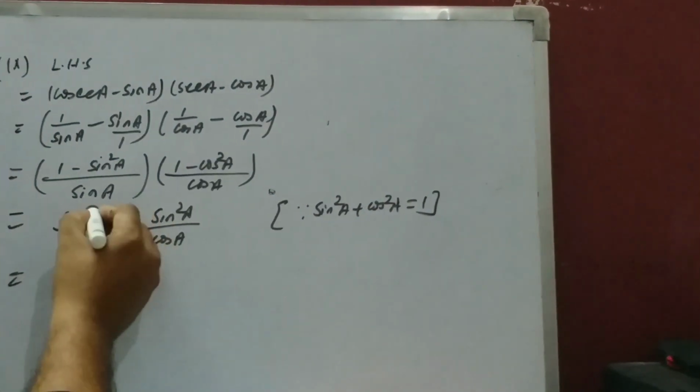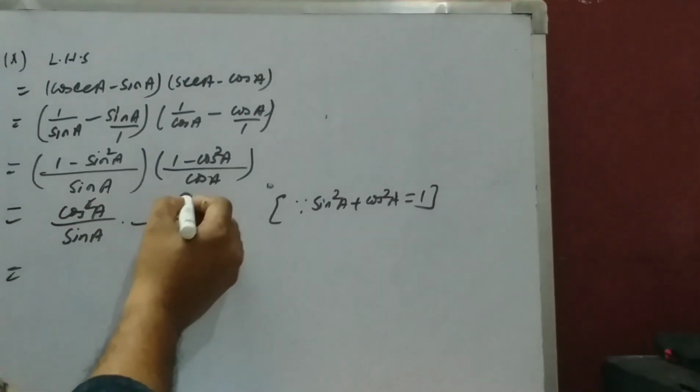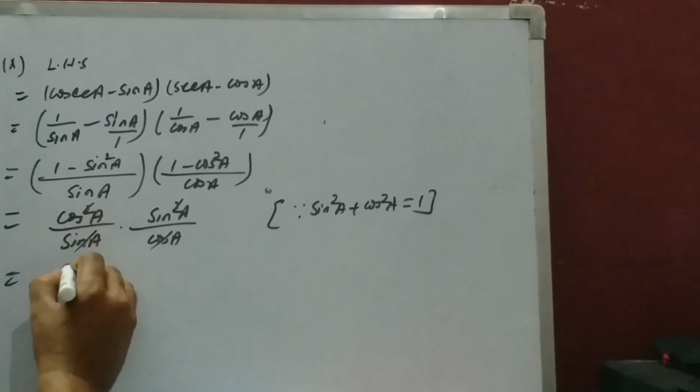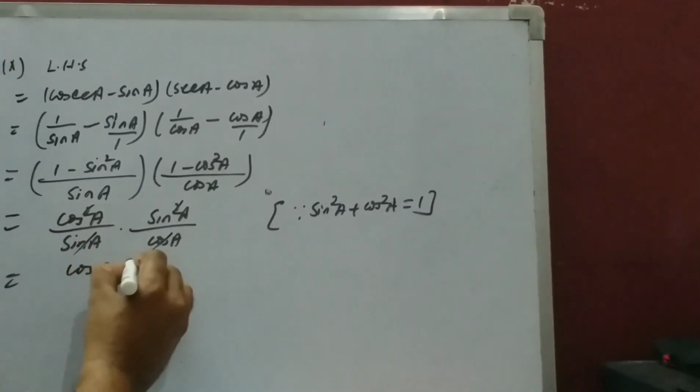And now 1 cos will cross out from here, 1 sin will cross out from here, and the result is cos A sin A.